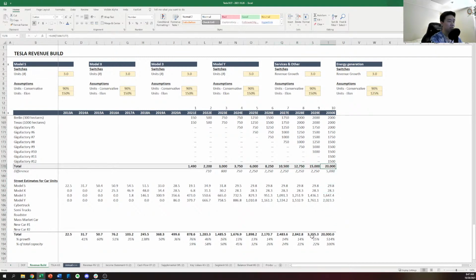With the Elon case, just because capacity is 20 million, to actually sell 20 million, the capacity probably needs to be even higher than that, right? It probably needs to be something like 25 million in order to actually sell that much. So to have this equal the total capacity is a little weird.